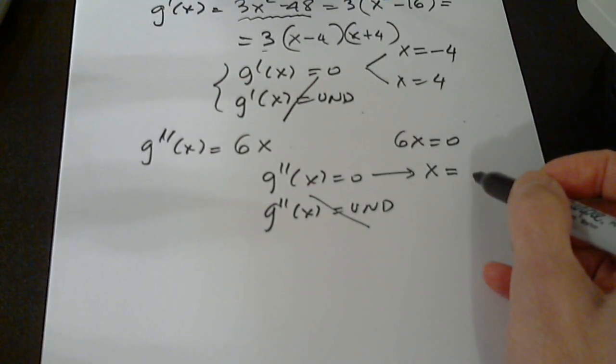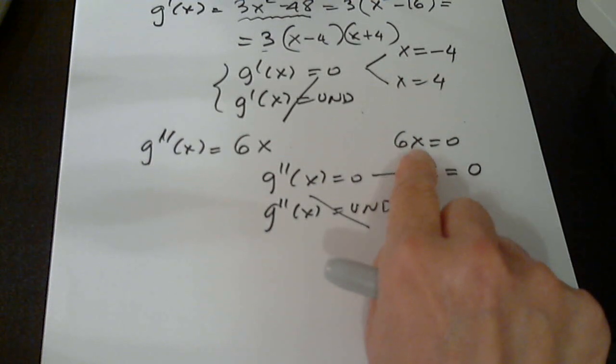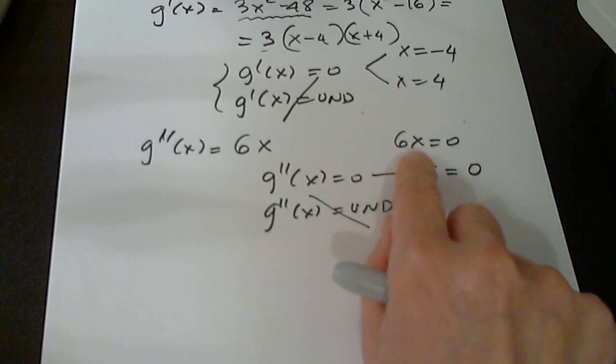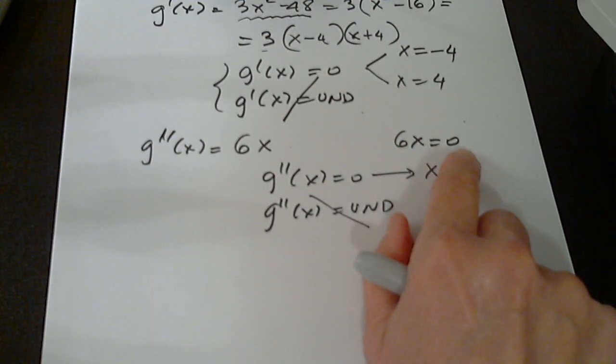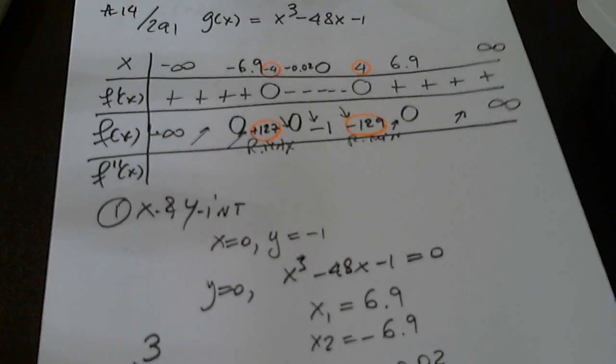When x is? 0. Yes. Only 6 times 0 is 0. 6 times a negative number is not 0. Good. So here it is.